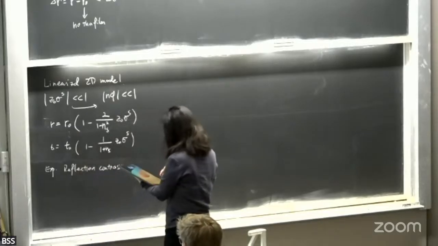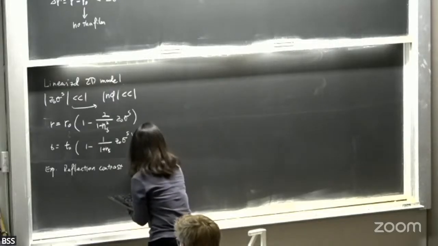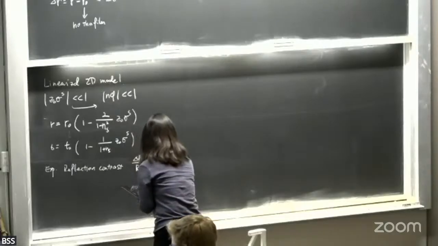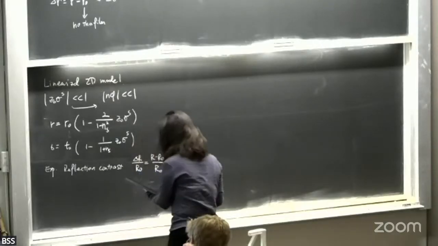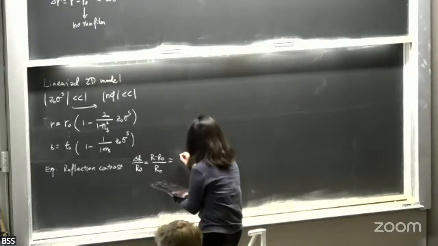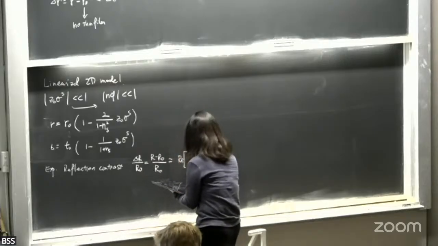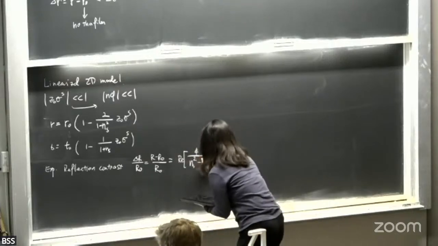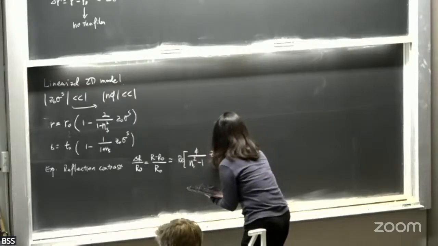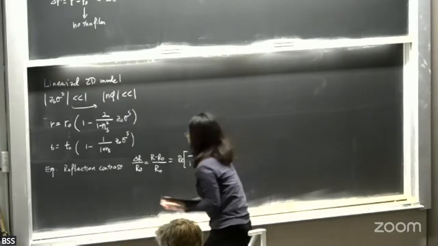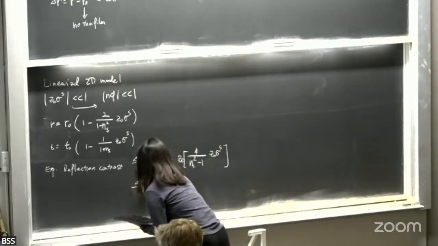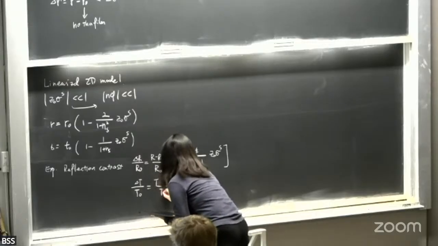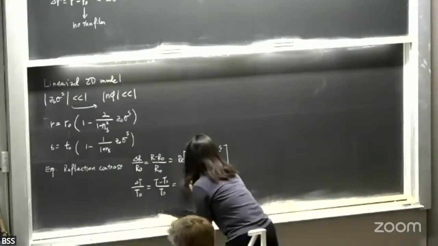By definition, this is delta R over R0. So it's R minus R0. And this is just the real part of some factor that depends on the substrate refractive index, Z0 sigma_s. And then delta T over T0 is the negative of that.